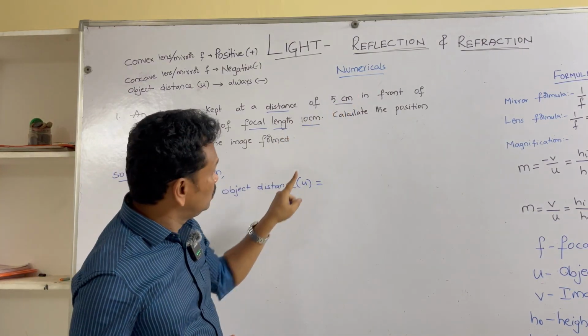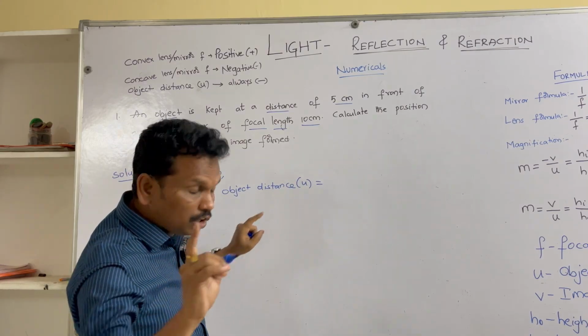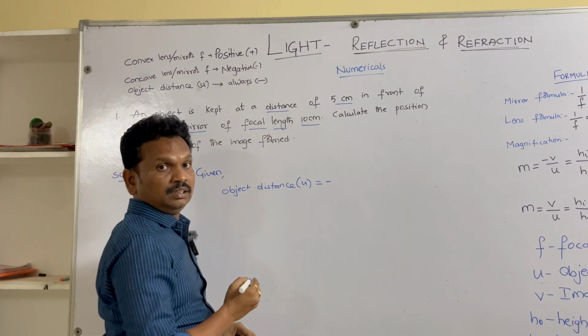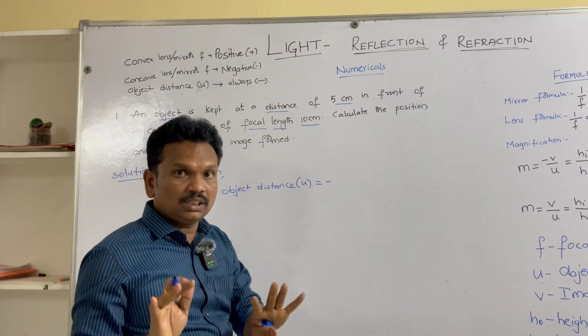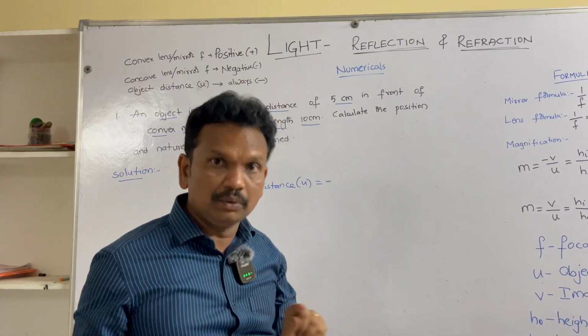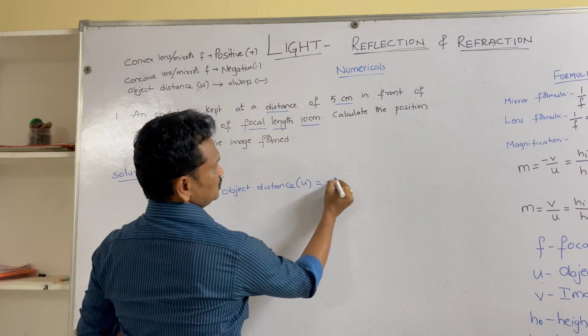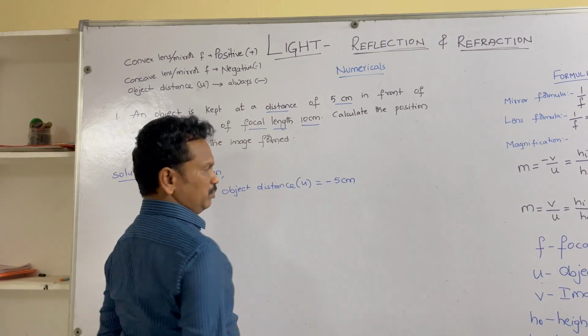So, what did I say? Object distance is always minus. They will not give in the question which one is positive and which one is negative. So now, minus 5 centimeters.